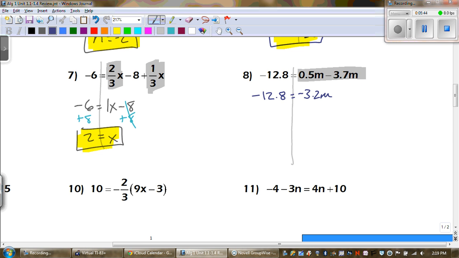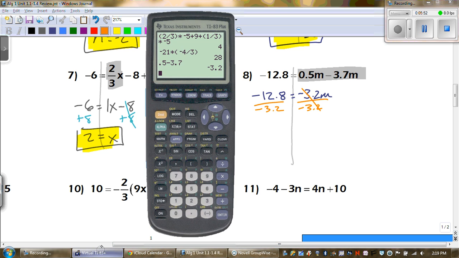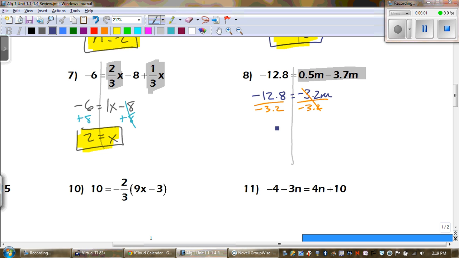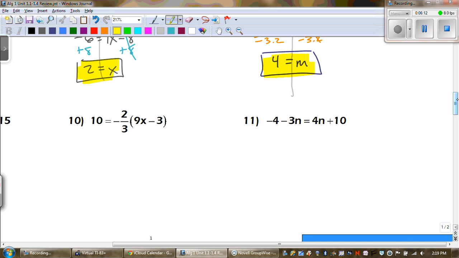To get the m by itself, you need to divide both sides by negative 3.2. When you do negative 12.8 divided by negative 3.2, you get a total of 4. All right, let's move on down.